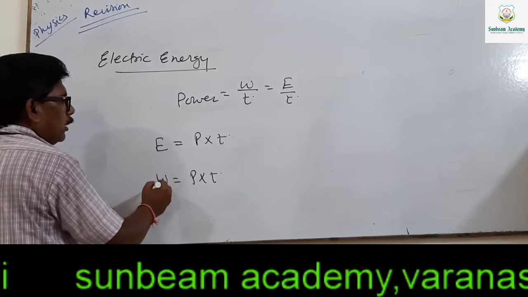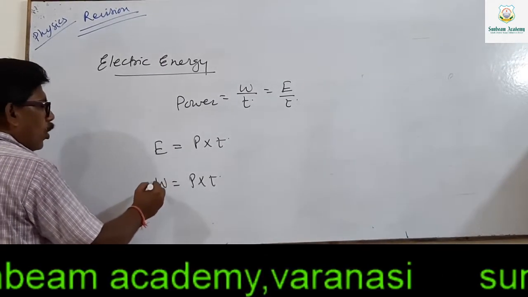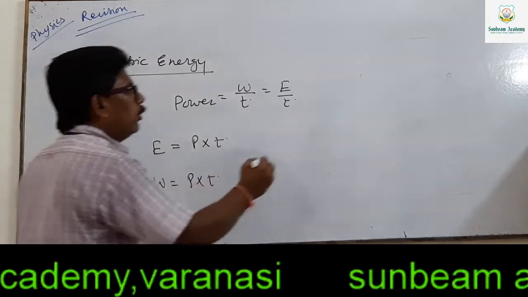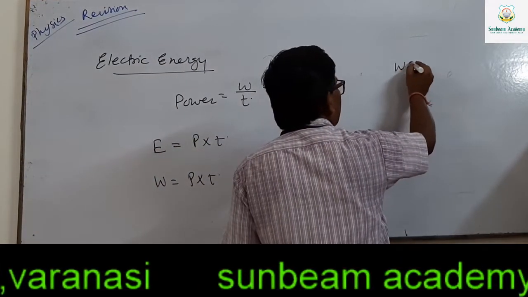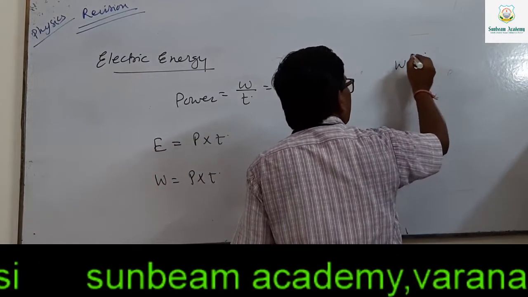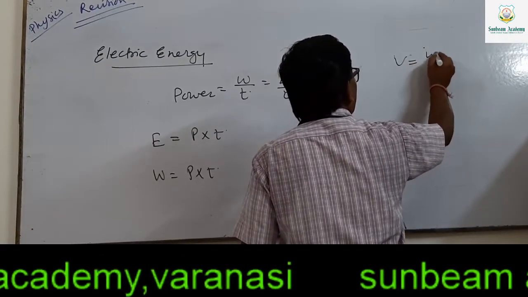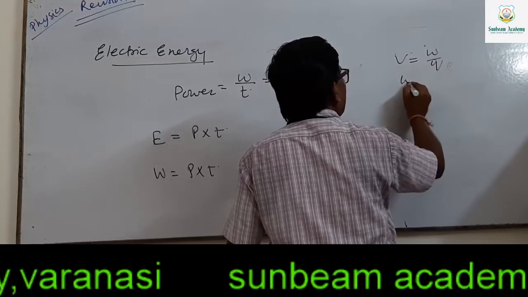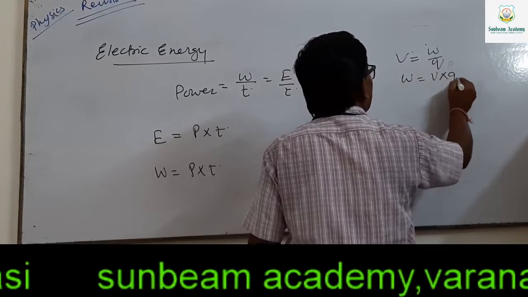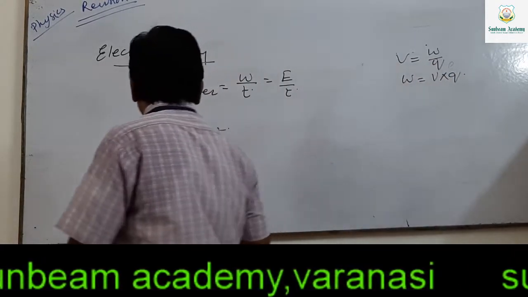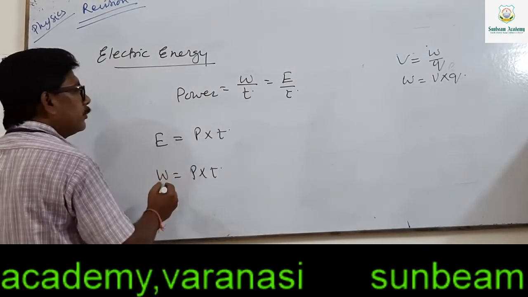And if you substitute the value of W, what is W? You know that electrical potential is equal to W upon Q, and W is equal to V into Q. So what can you put here?